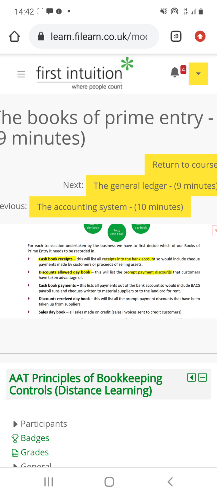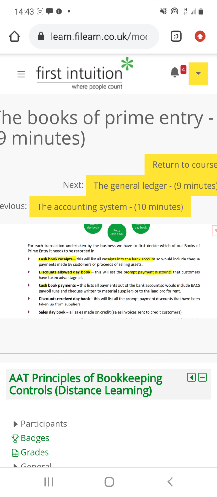So if I say to someone, you owe me £100 and I'll give you 30 days credit, but if you pay me within 5 days, you only need to pay me £95. That's known as a prompt payment discount, i.e. you get a discount because you've paid earlier than you should do. If we give someone a discount like that, we need to record the discount down, and so that goes into a discounts allowed day book. As I said, far less regularly will you encounter those, but it exists.